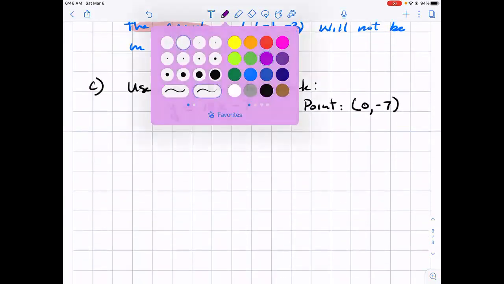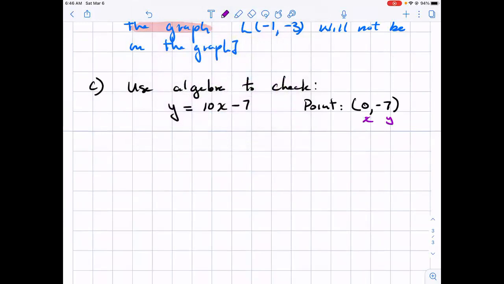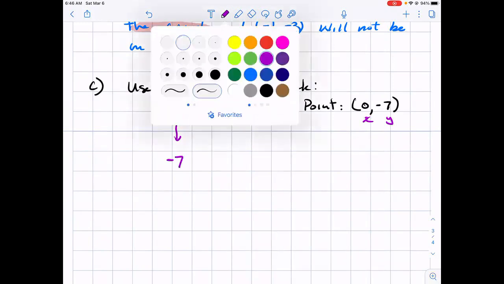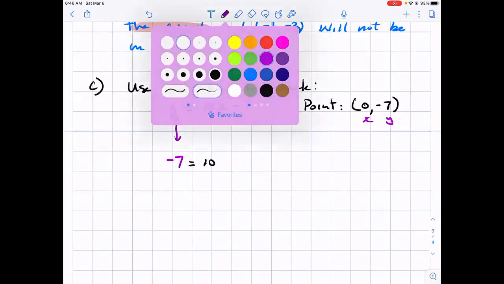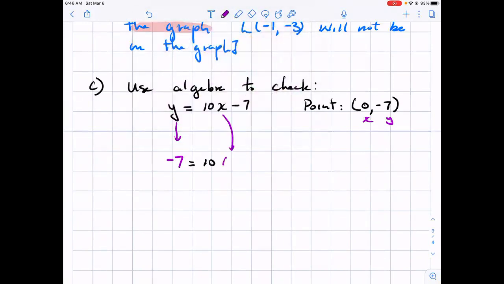Remember, this is x and this is y. So instead of y, we will write -7, and that is equal to 10, and instead of x, I'm going to write 0, and then we subtract the 7.